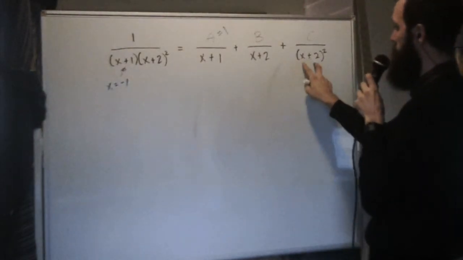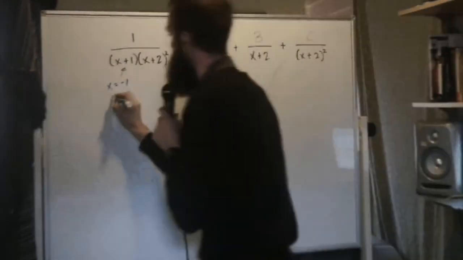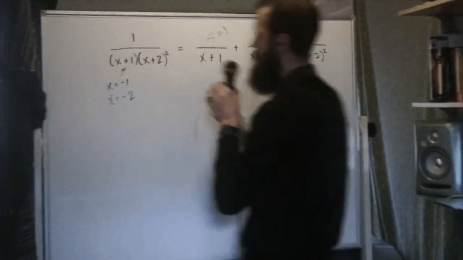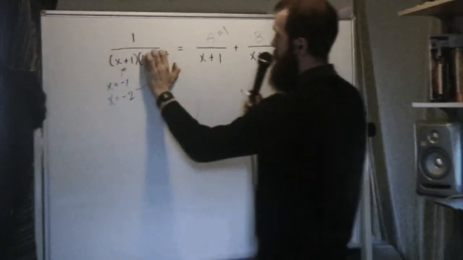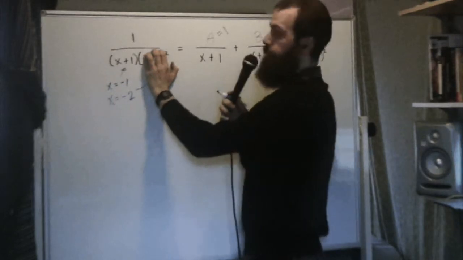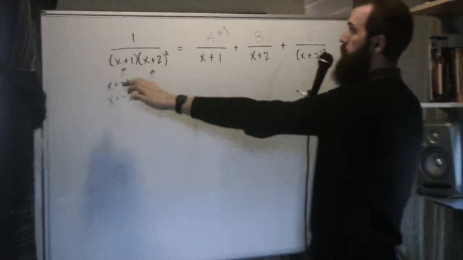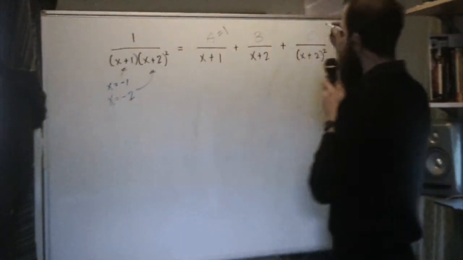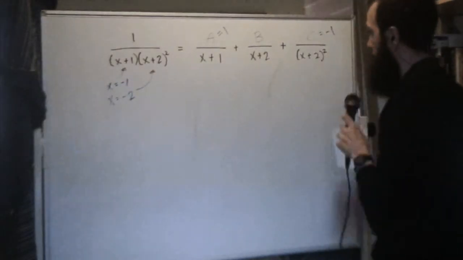Well, x equals -2 would do that. So x equals -2. And now we'll cover this one up and plug that -2 into the remaining factor. -2 plus 1 is -1. So 1 over -1 gives us our C value of -1.